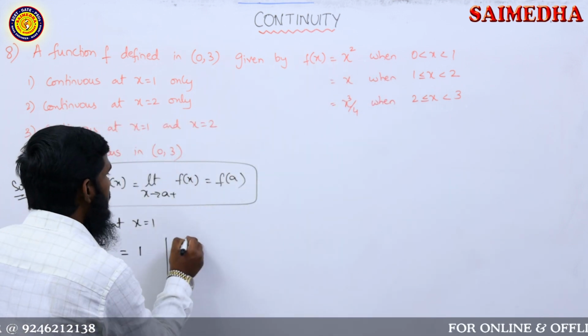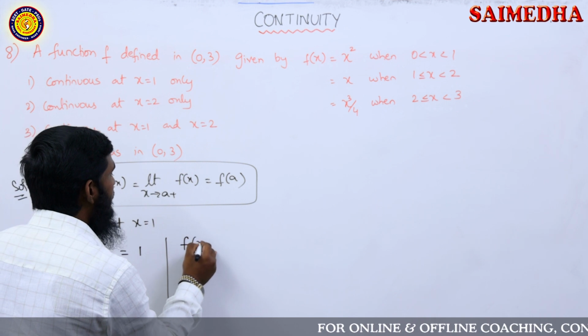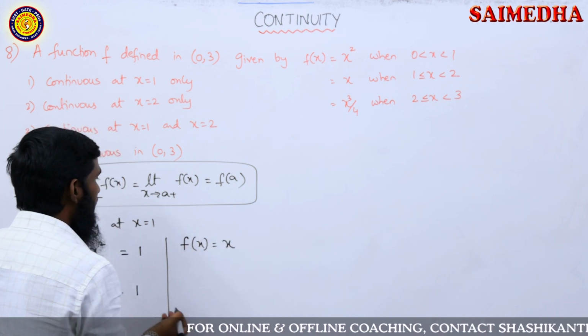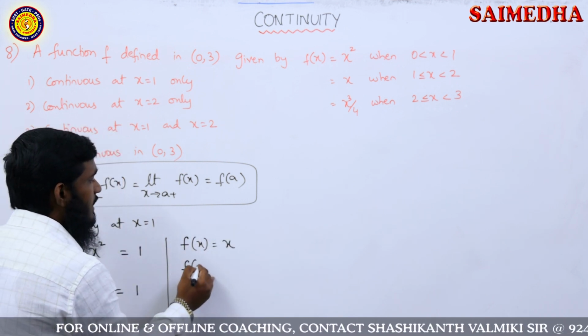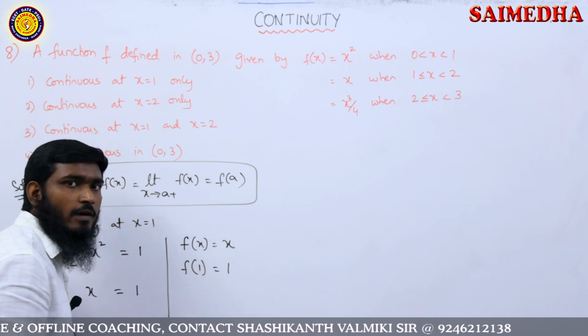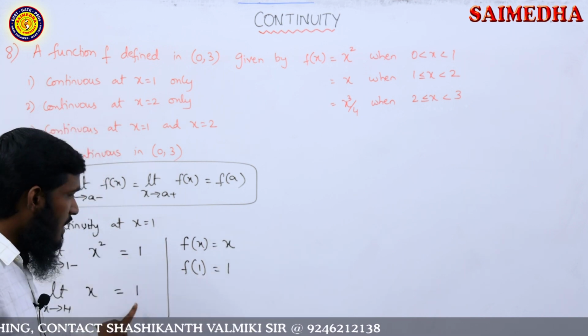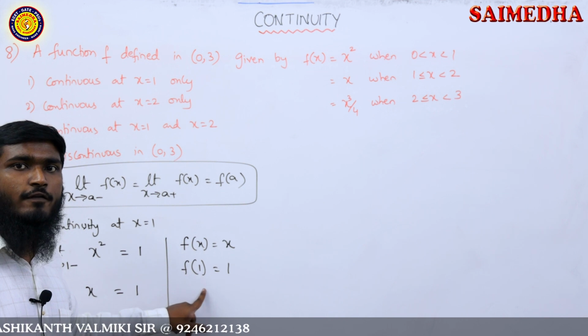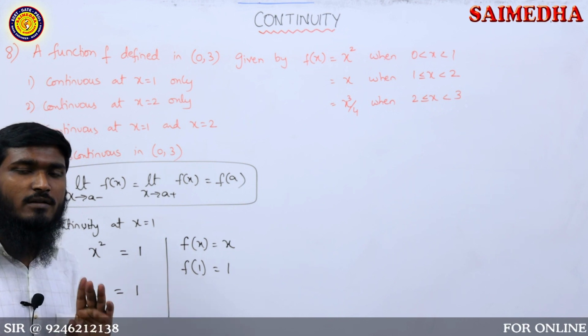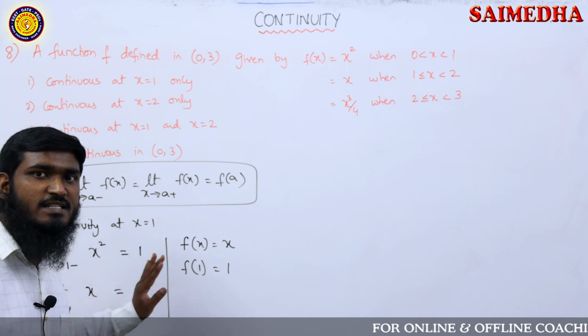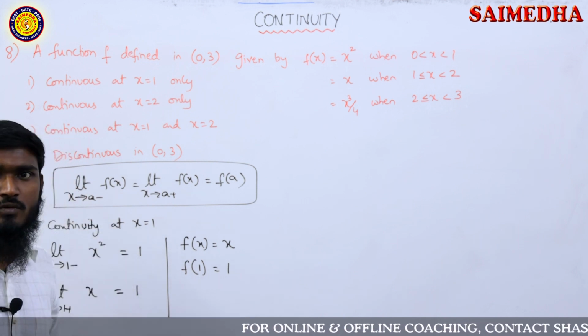So f of x equals x, and with x equal to 1, f of 1 is equal to 1. So the LHL value, the RHL value and the value of the function are all equal to 1. Then we can say the function is continuous at x = 1.